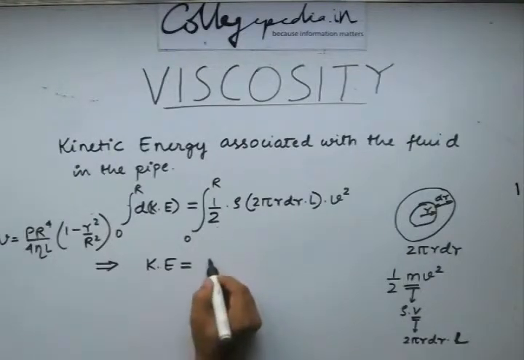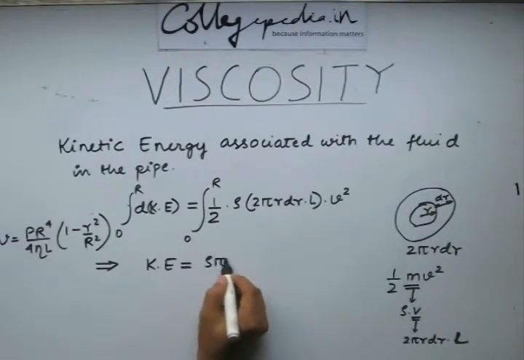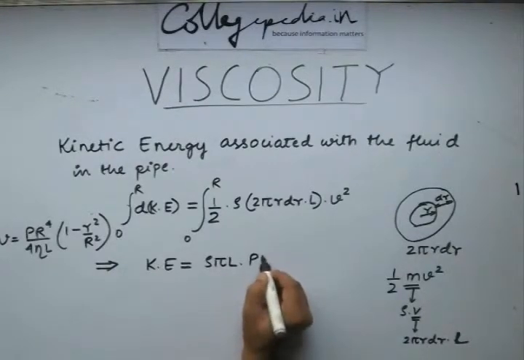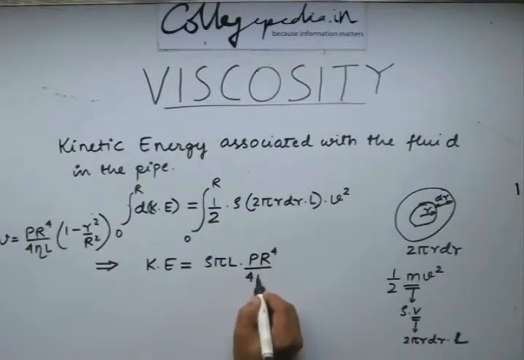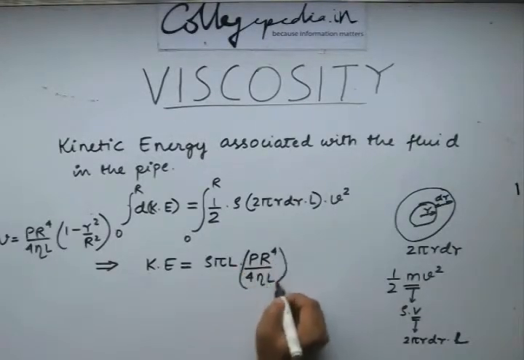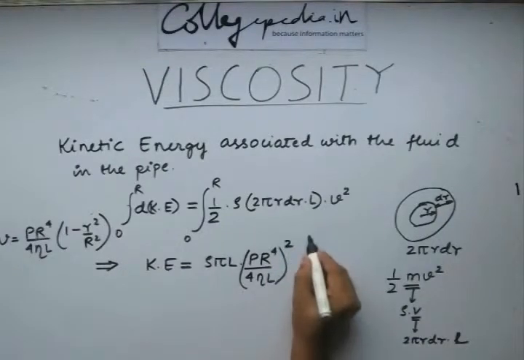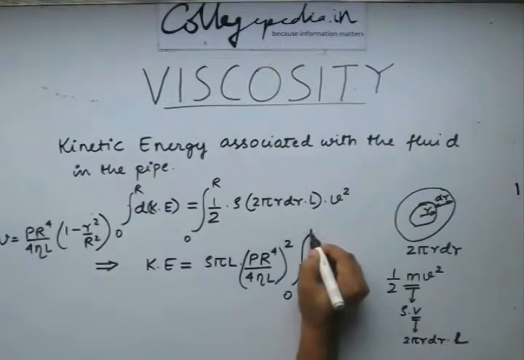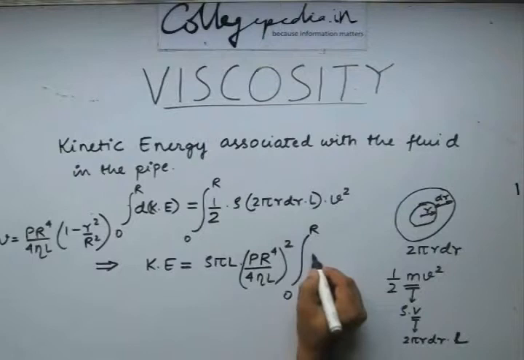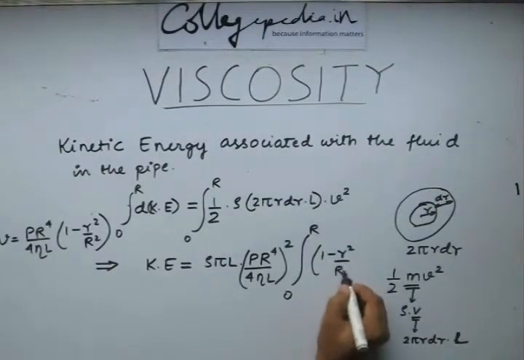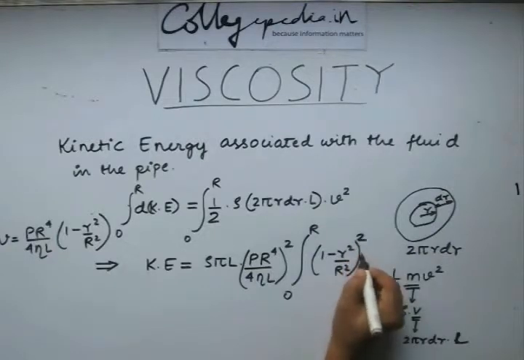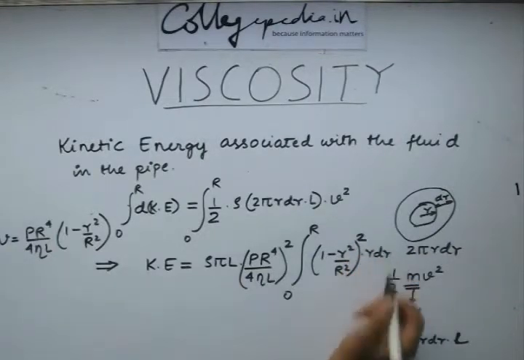this 2 gets cancelled off, so rho into pi into L. From v square we will be having Pr to the power 4 by 4 eta L whole square, integral of 0 to R, 1 minus r square by capital R square whole square into r dr. This is what we will be having.